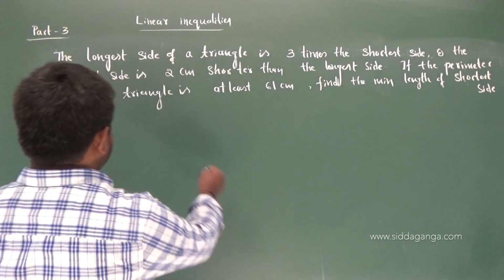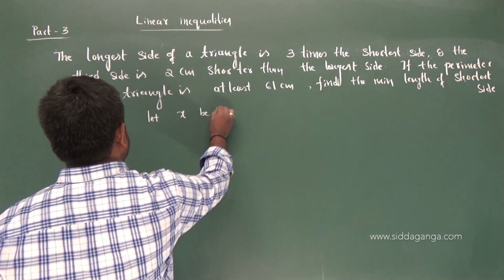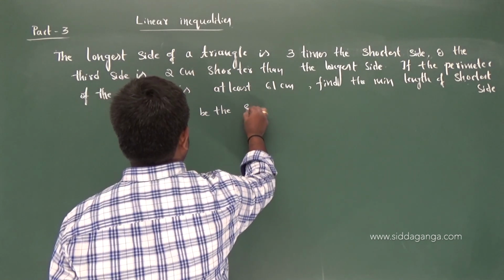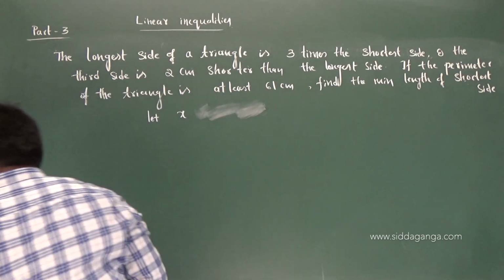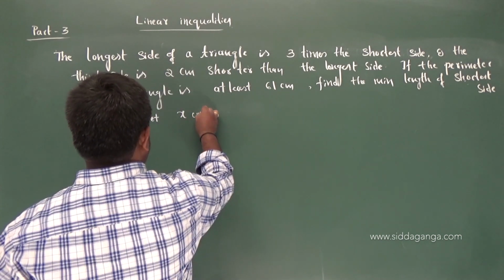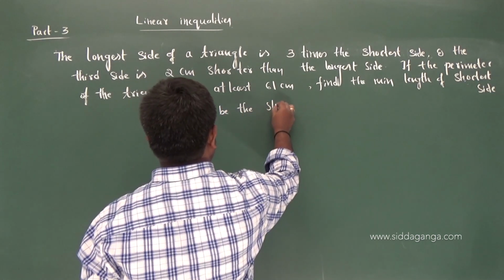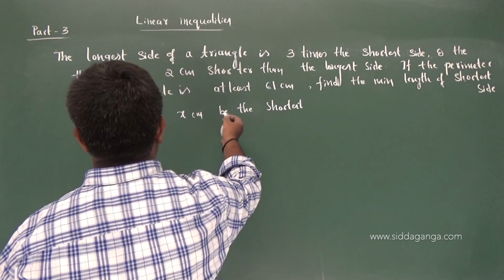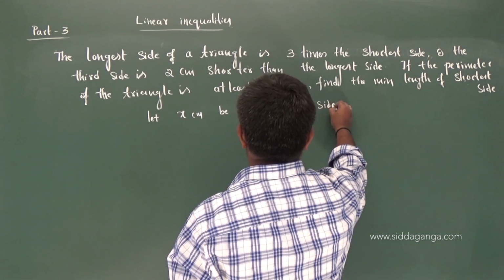So let x centimeter be the shortest side, because they are given in centimeters, because the longest as well as the third side depend upon this. So I have taken first the shortest side.